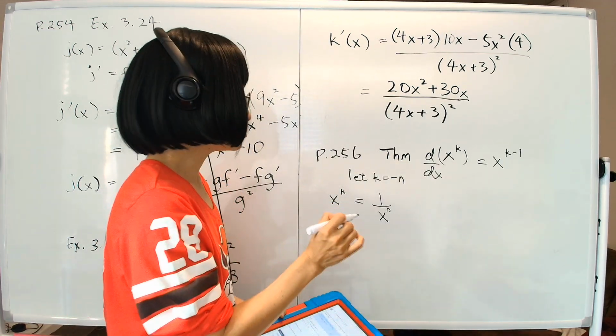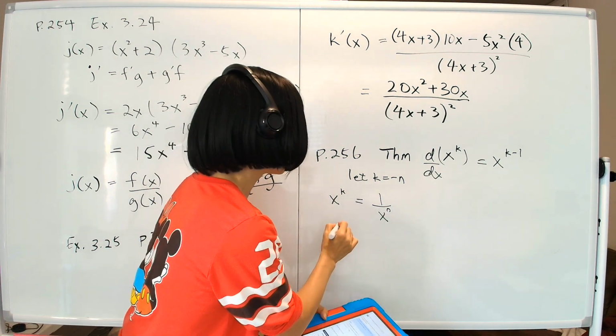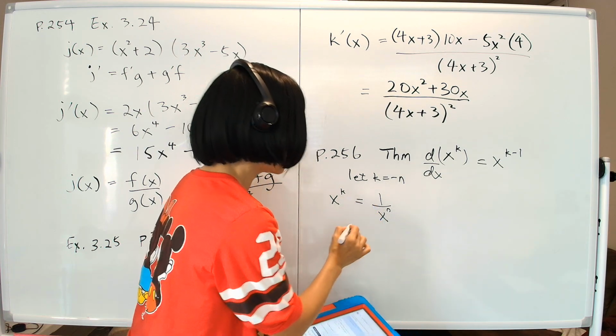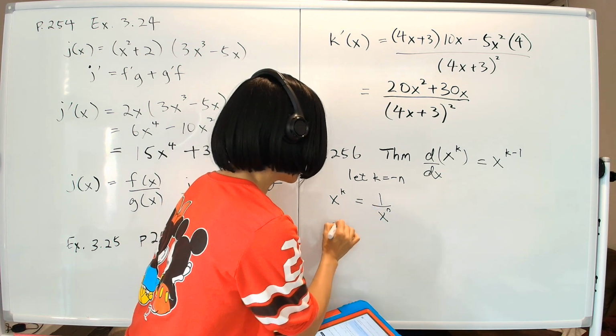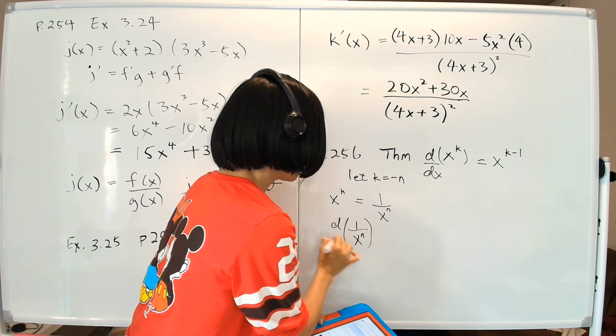So applying the quotient rule, the derivative, therefore, we'll write it this way: d of 1 over x to the power n by dx.